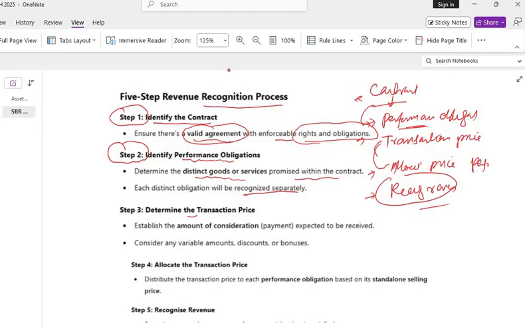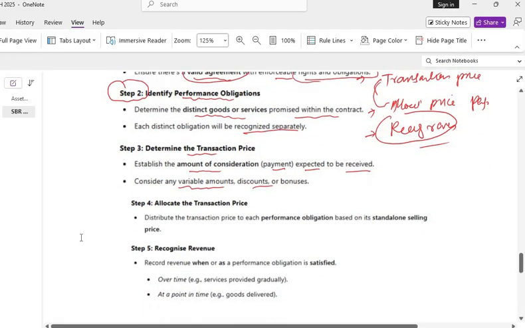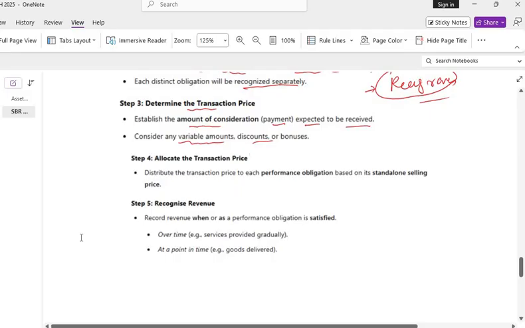Then transaction price: establish the amount of consideration, meaning the payment expected to be received. So consider any variable amount, discounts and bonuses. Clear?